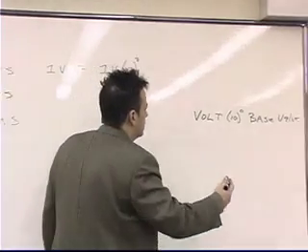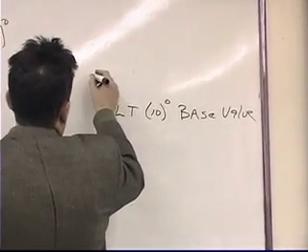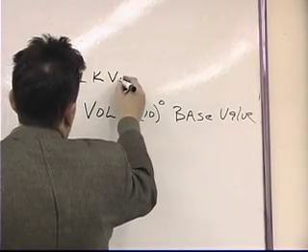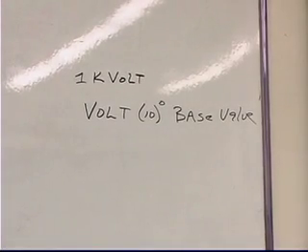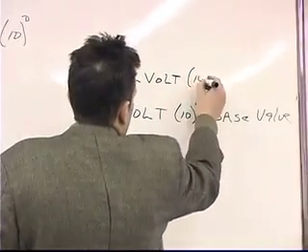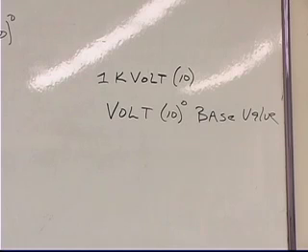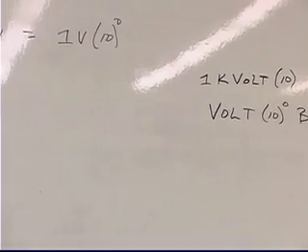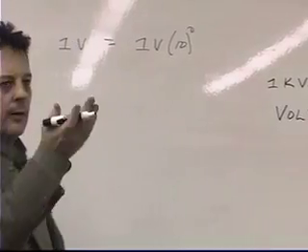So if we had 1,000 volts, then that would be 1 kilovolt. 1 kilovolt has the power of 10 raised to what exponent? 3. So that's engineering notation going up.